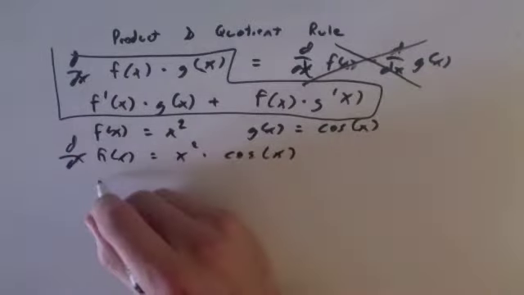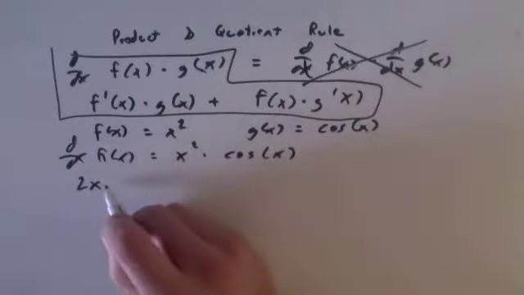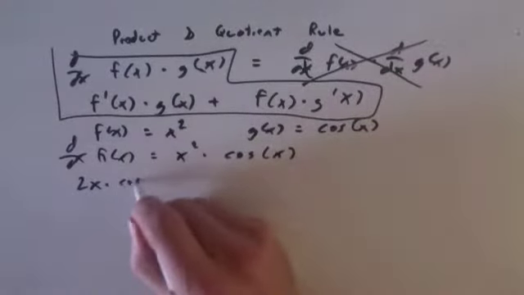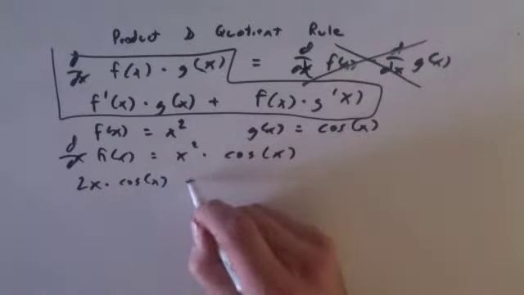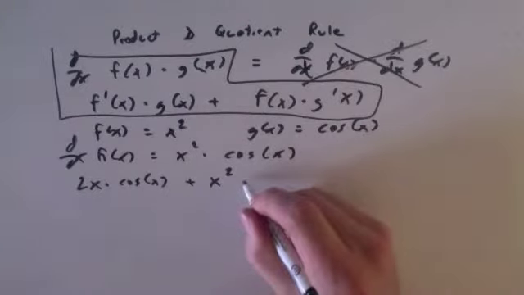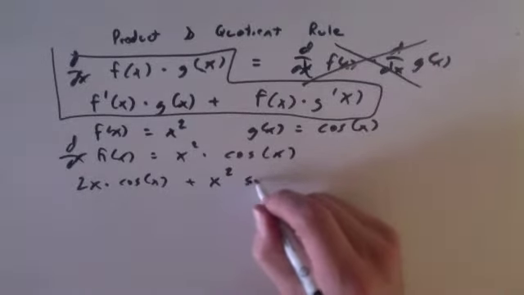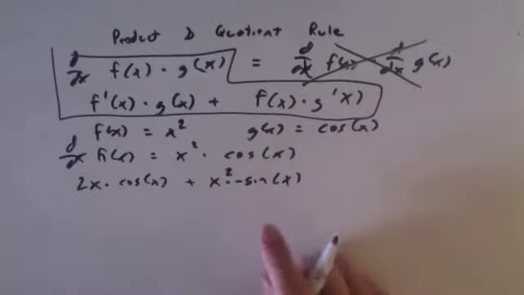So it would be the derivative of this one first, which is 2x, times this second one, which is cosine x, plus the first one, the original x squared, times the derivative of the second one, which is negative sine x, right? So this is basically that.